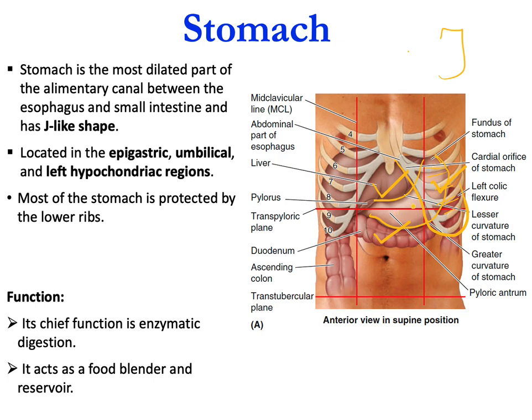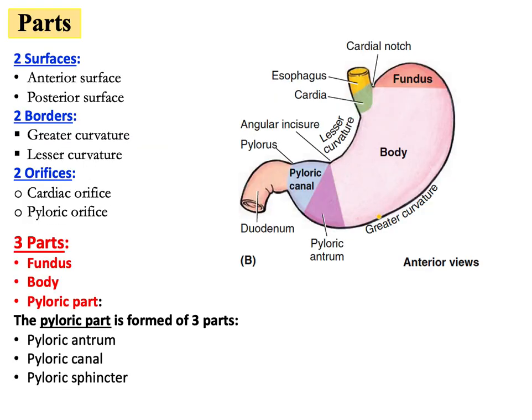The main function of the stomach is that it acts as a food blender and structure to give enzymatic digestion, and it also works as a temporary reservoir. So that was about the location of the stomach, and we described part of its shape.